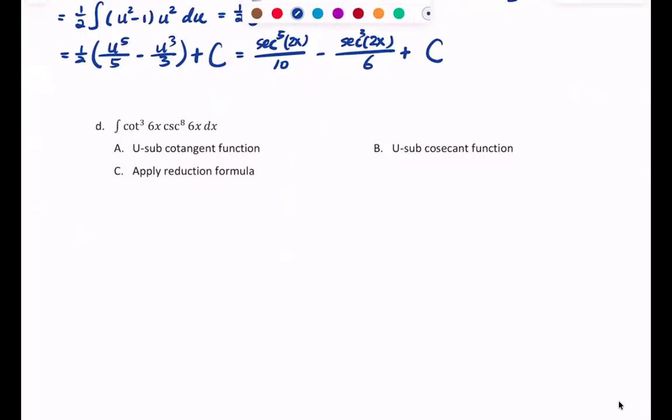Okay, so we can use up cotangent, that's good. Can we use up cosecant then? Does it work if you want to use up cosecant?